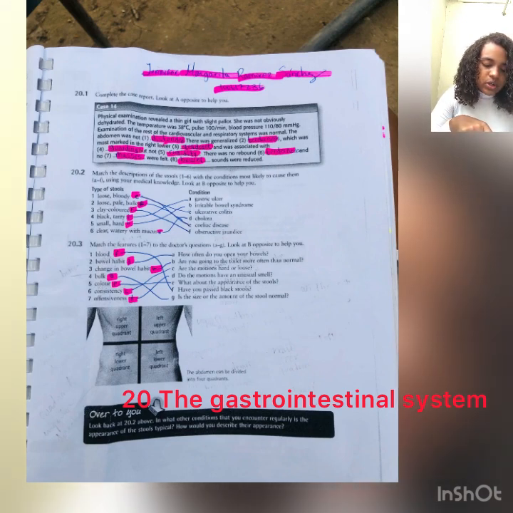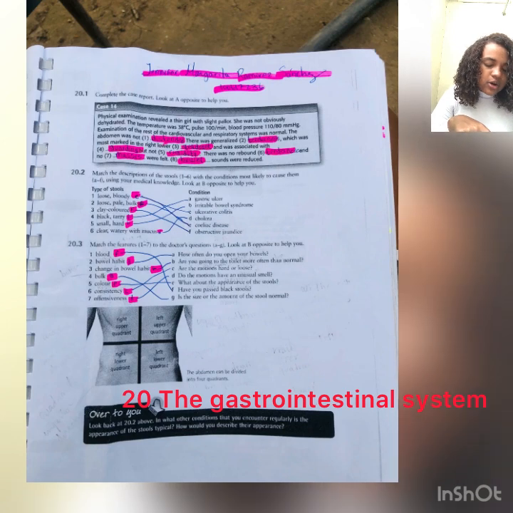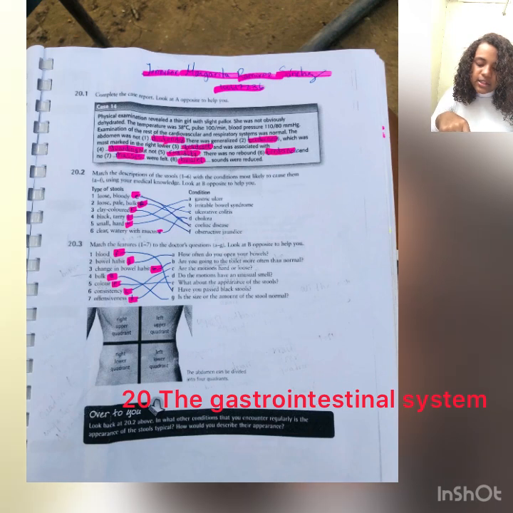Number 2. Loose, pale, bulky: celiac disease. Number 3. Clay colored: obstructing gallstones. Number 4.